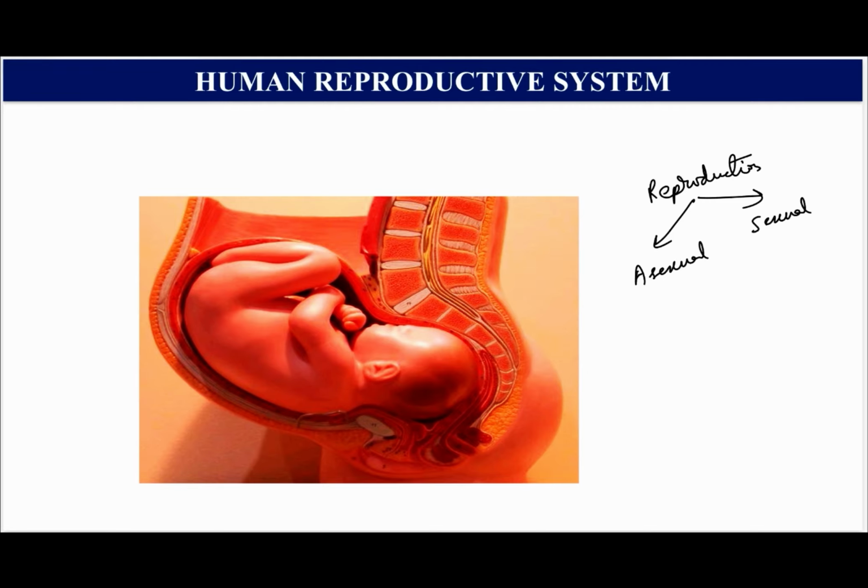As we will study human reproduction, we will focus on sexual reproduction. Sexual reproduction means the presence of two parents is mandatory. But in asexual reproduction, only one parent is sufficient to produce a new offspring.